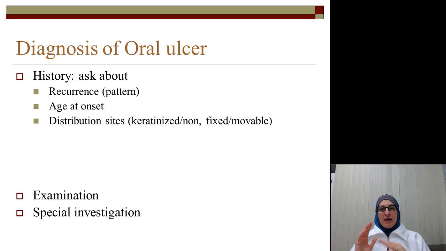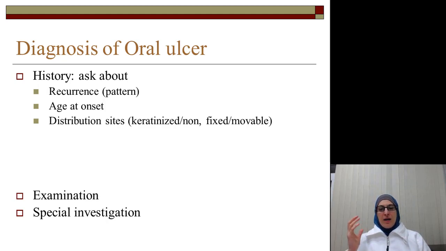So we can see an aphthous ulcer in the cheek, in the buccal mucosa. We can see it in the tongue, which is the worst site, the most painful. We can see it in the floor of the mouth and the soft palate, but we do not actually see it in the hard palate or the gingiva. So when you see an ulcer in the gingiva, this should lead you to think about other causes of ulceration other than RAS, and I would go for viral infections.